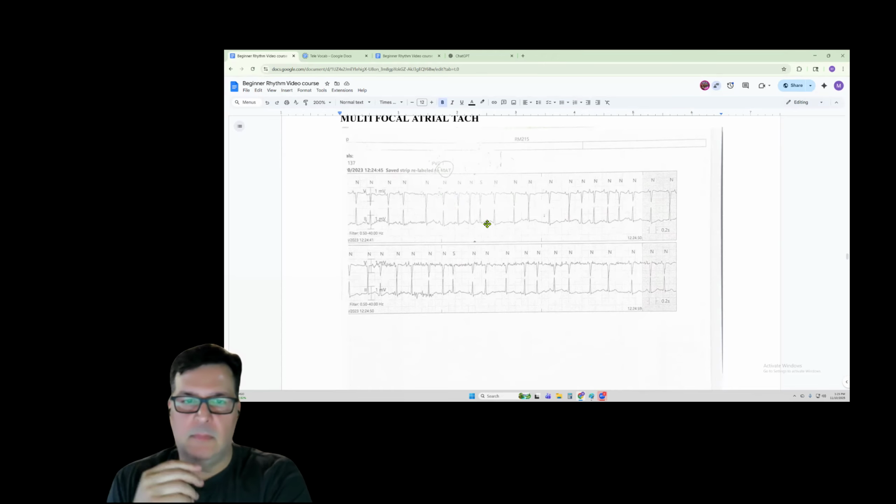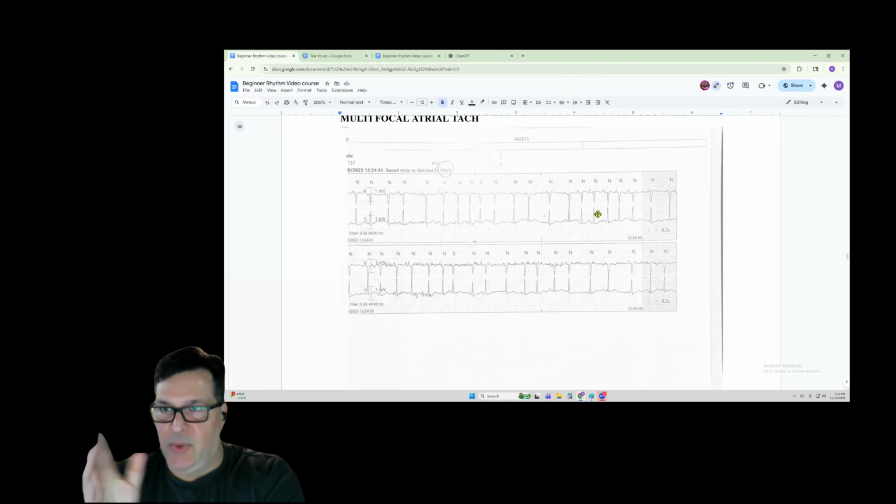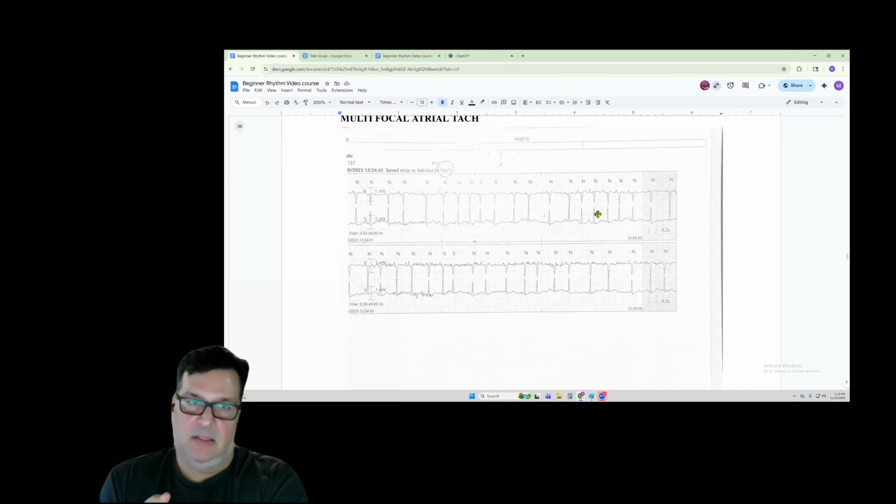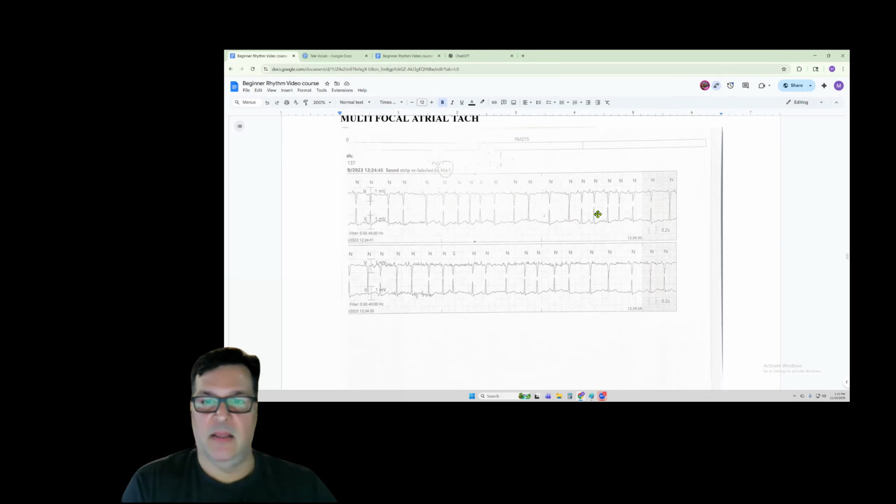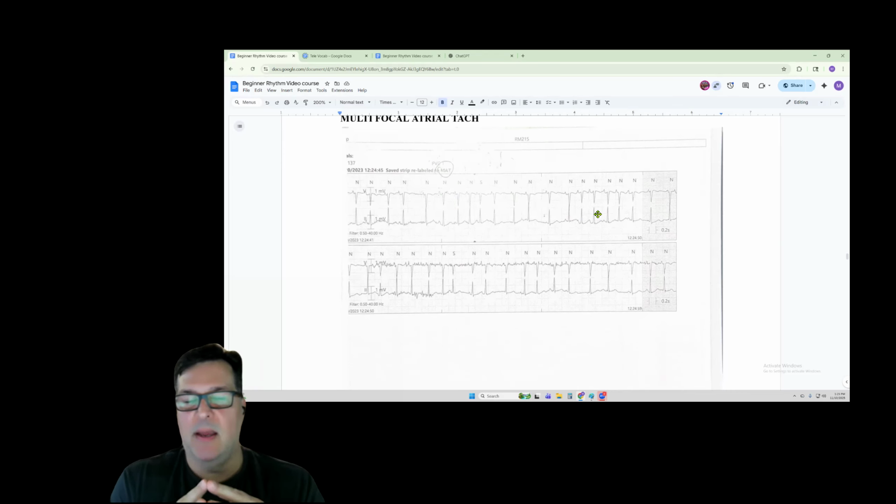So they do look pretty similar, but they're caused by different things. Between AFib and MAT? Yes. So with MAT, even though it's an unusual rhythm, it's SVT, it's still contracting to organized atrial activity.